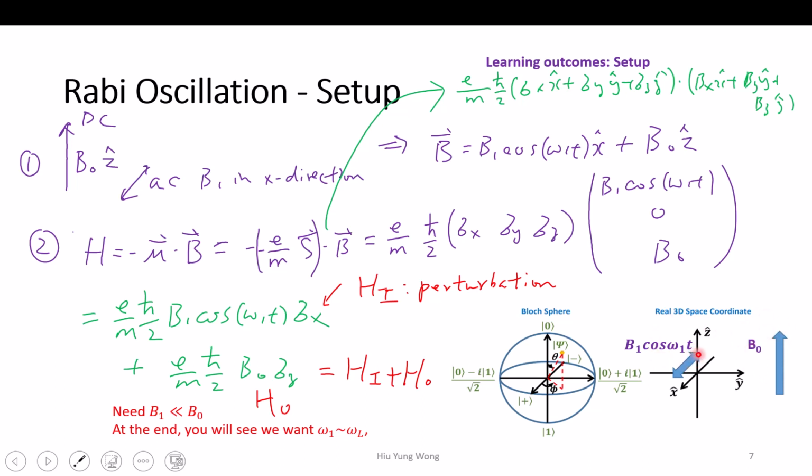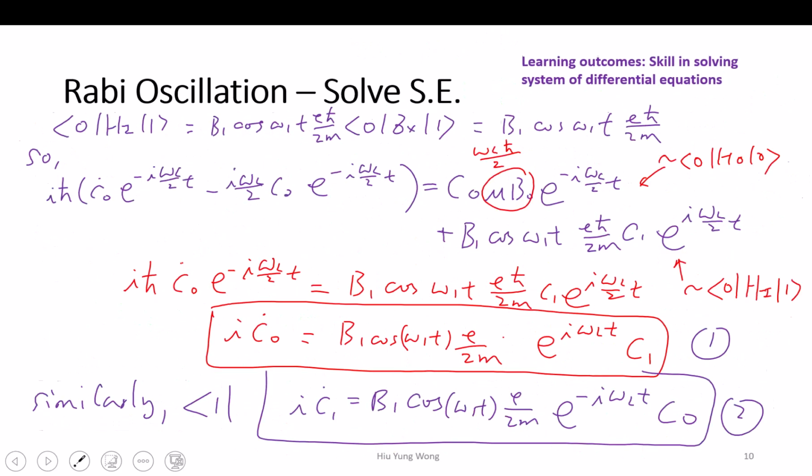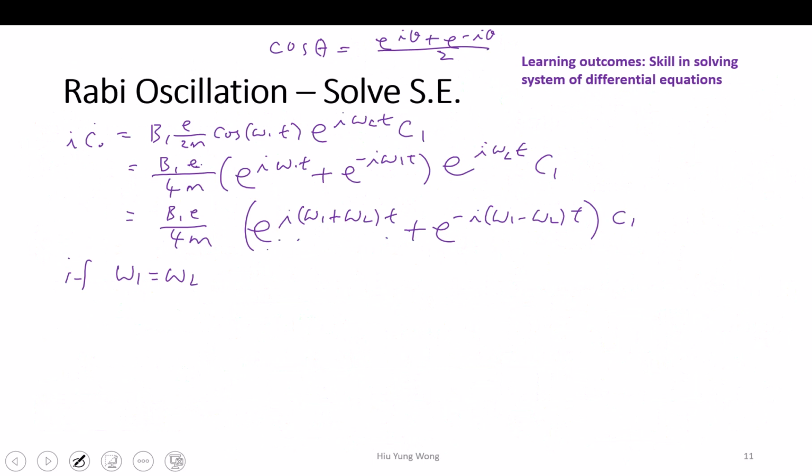You can see that once it precesses for one cycle, your magnetic field will go back to the original position. It's just like resonance, right? You feel the same magnetic field when you are at the same position. So with this, the second term will be gone, right? Because this will be 0. Then this equals 1, correct?